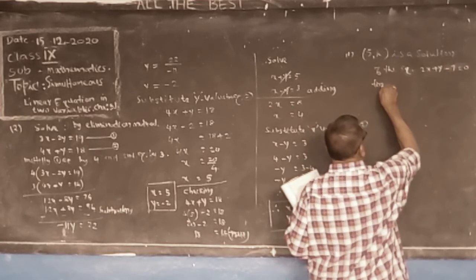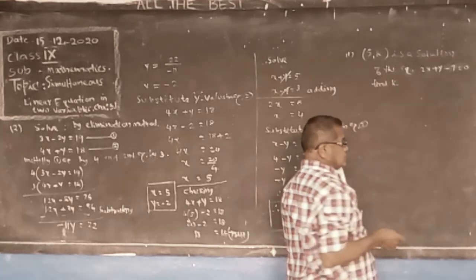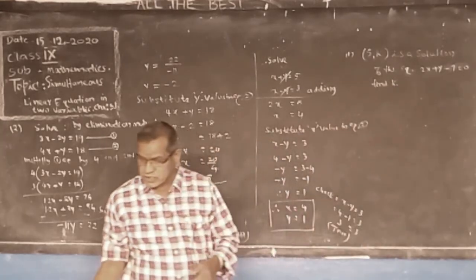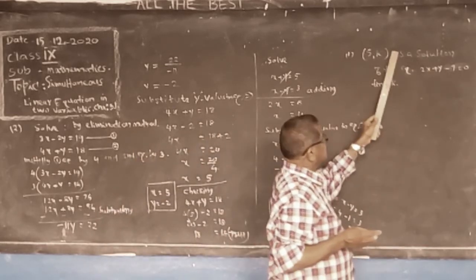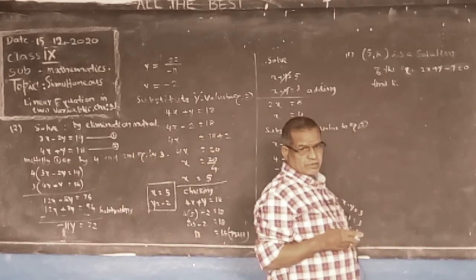Find k. First, this is the overall answer. When it is a solution of this equation, we substitute and we get the k value.